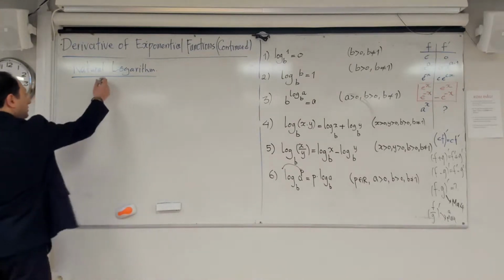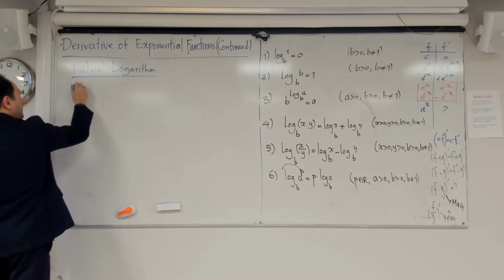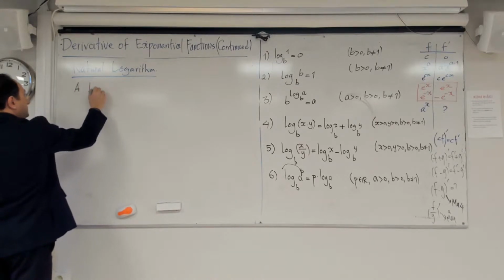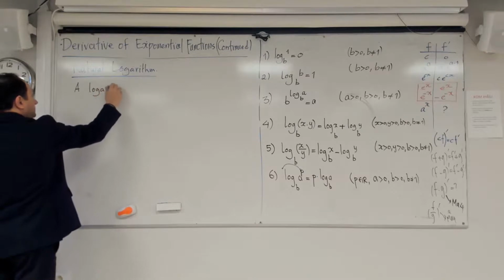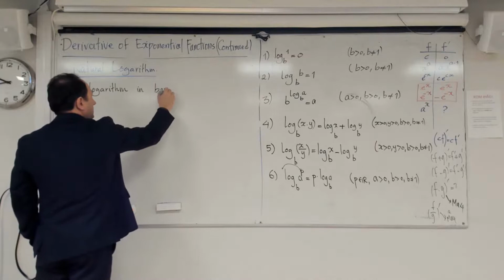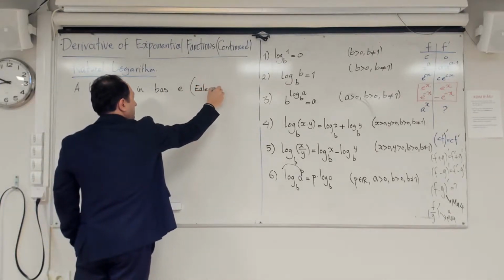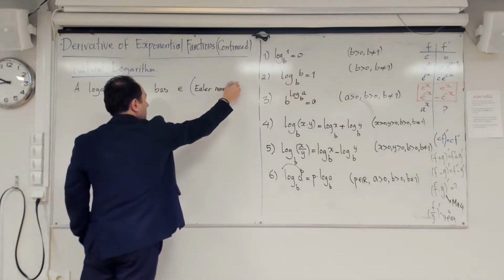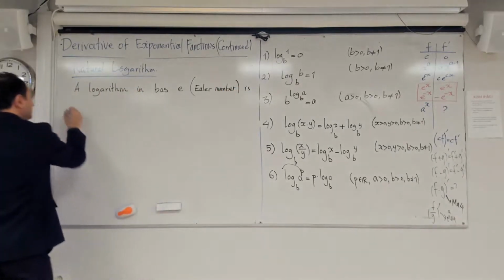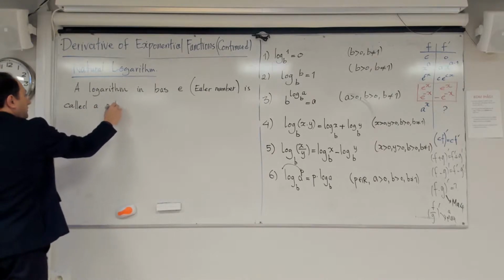So the natural logarithm is this. A logarithm in base e, Euler number, is called a natural logarithm.